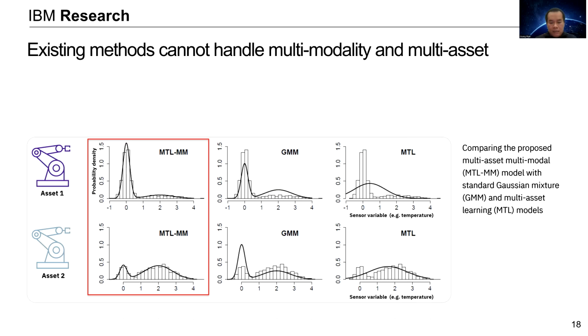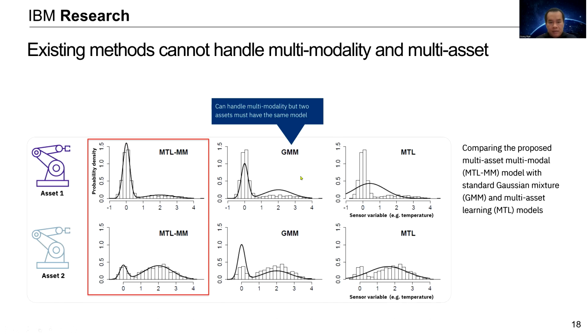So what is the benefit here? By using sparsity, our model can better handle the noise in the data. Furthermore, it can be highly interpretable. And our model is able to capture multimodality, which means the multiple operational states of an asset. Here is an example when we compare with the state of the art.